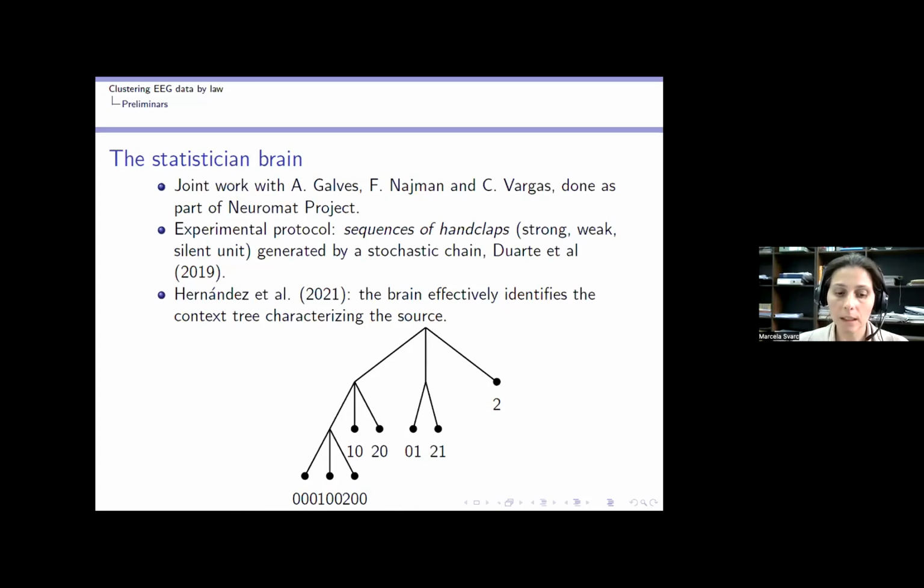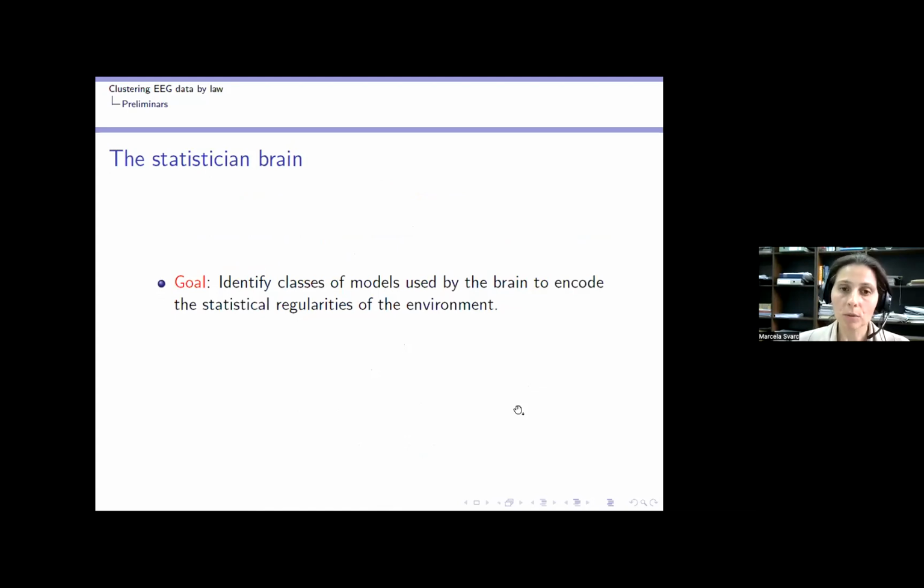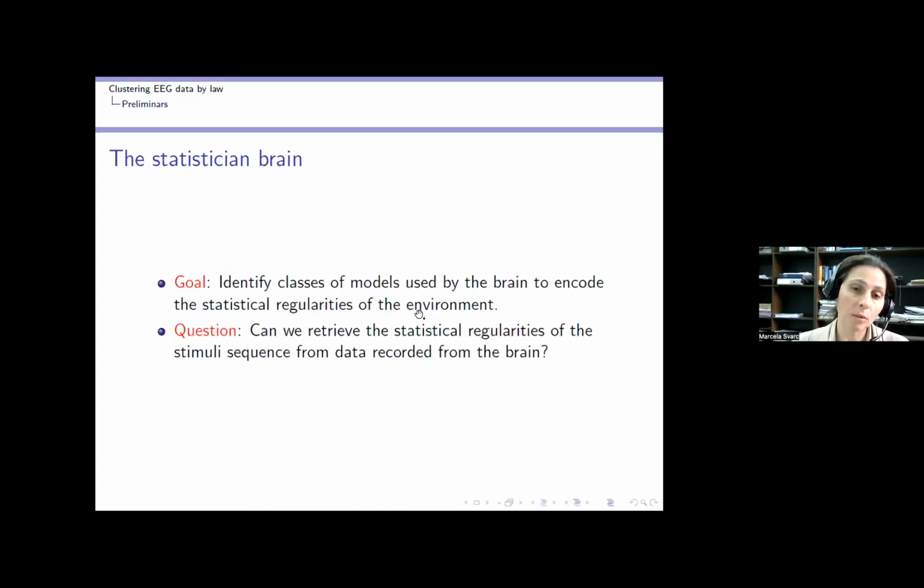So now what we want to do is to identify classes of models that are used by the brain to encode statistical regularities of the environment. In fact, the question that we want to ask is if we can retrieve the statistical regularities of the stimulus sequence from the data recorded by the brain.